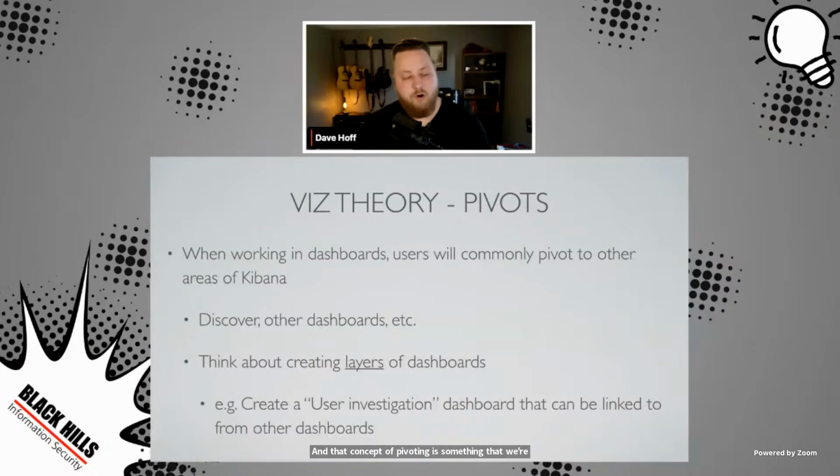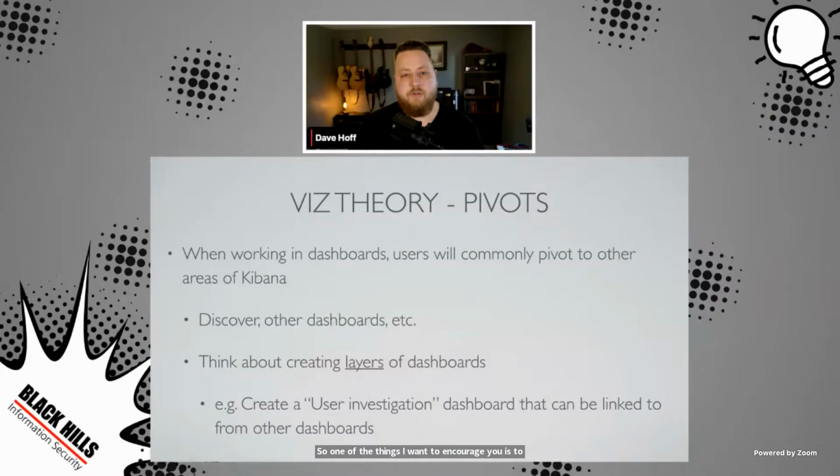When people are working in your dashboards, users are going to want to pivot to other areas of Kibana. So they're going to naturally go back to Discover to look at raw logs. They might look around at other dashboards or go into the security app or there's a million different things that people could be doing in Elastic. So one of the things I want to encourage you is to reduce the friction to doing so, right?